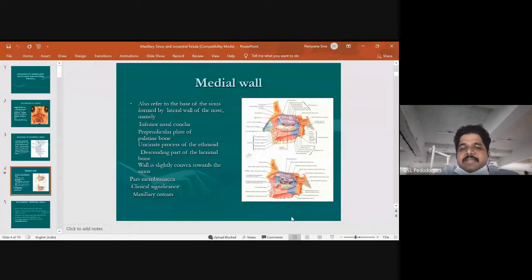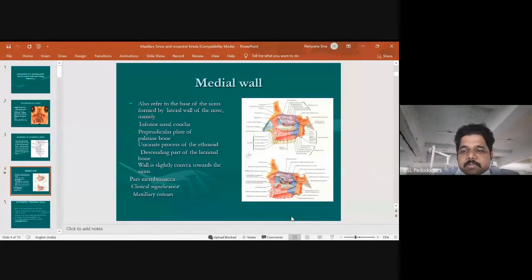We all know that the maxillary sinus opens in the middle nasal concha. In the middle nasal concha there is an opening called the ostium. So when there is any infection in the maxillary sinus, this ostium will get blocked. So when you remove all the contents, you create an additional opening through the inferior nasal concha, which is present on the base of the sinus.